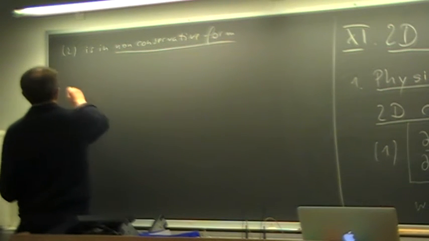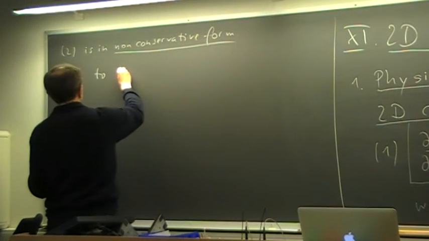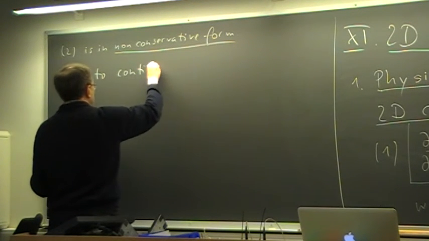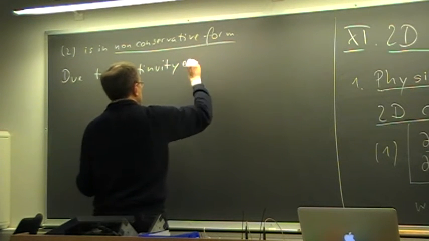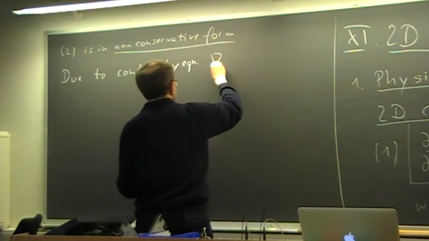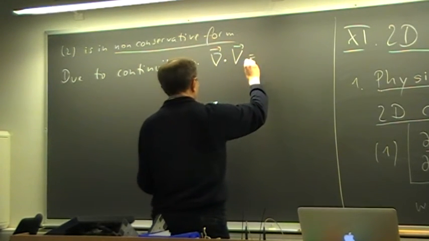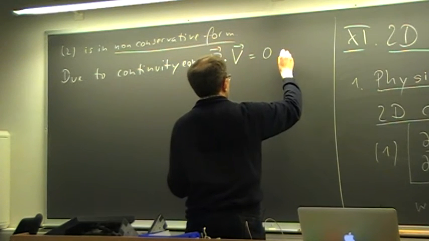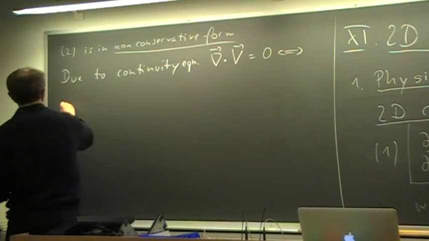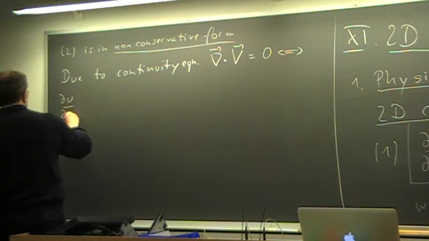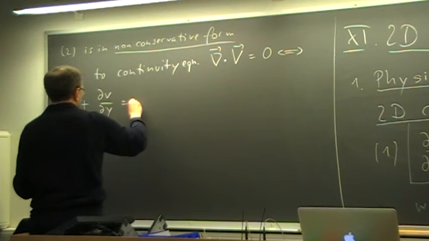So, but we note here that due to the continuity equation, which is, as we know, the divergence of the velocity vector is 0, we have equivalently in 2 dimensions that du dx plus dv dy is 0.